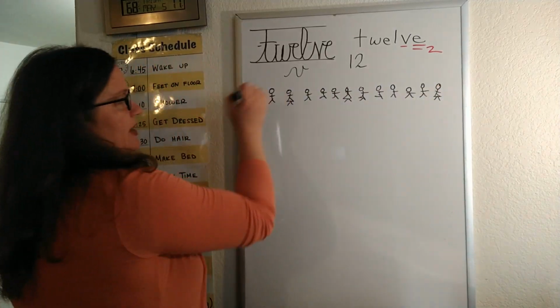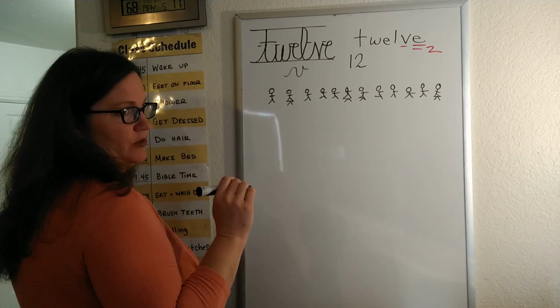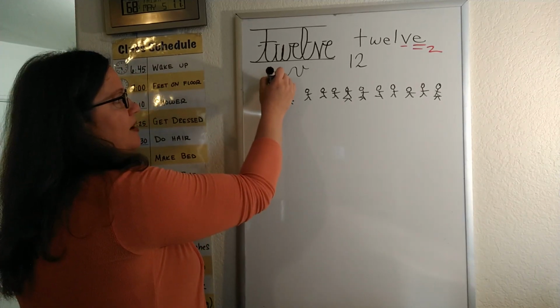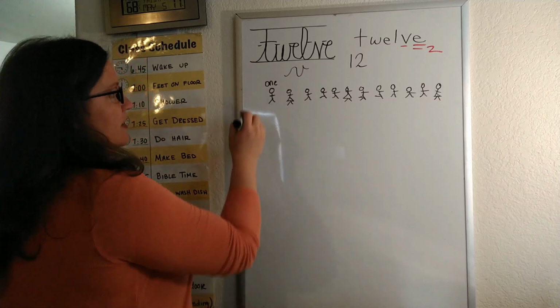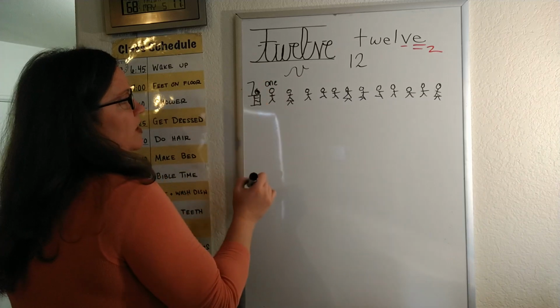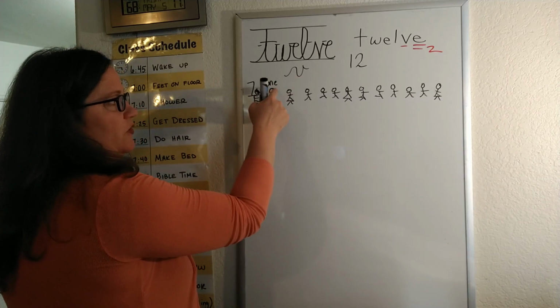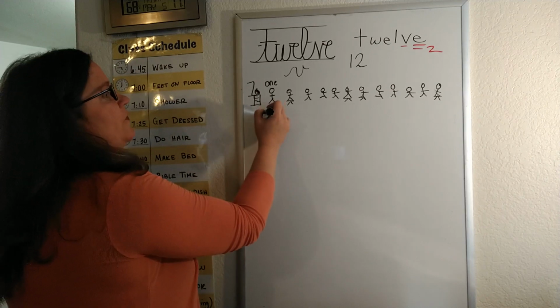I could count them like that. Or I could use a position word. So instead of saying I'm number 1 in line, if you're going to get something off this tray here, what's another way to say I'm number 1 in line? I am first.